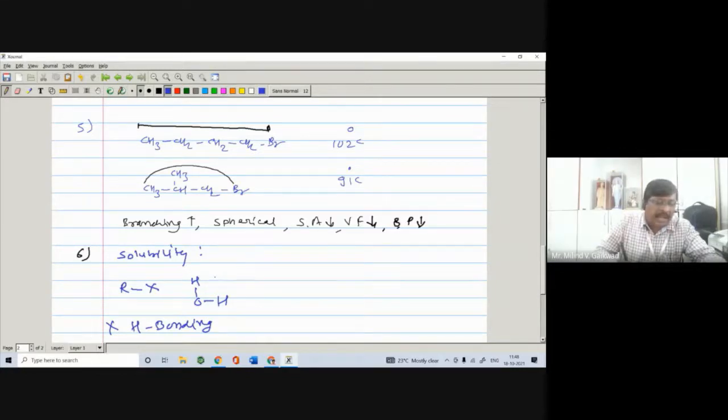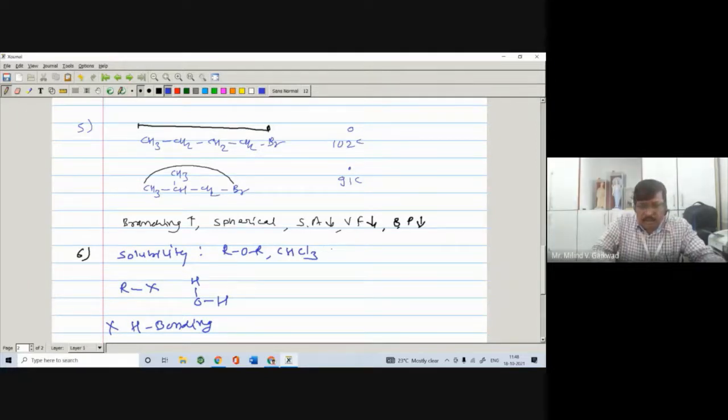But as they have low polarity, they are soluble in non-polar solvents like ether, ROR in general, chloroform, CHCl3, or maybe benzene.